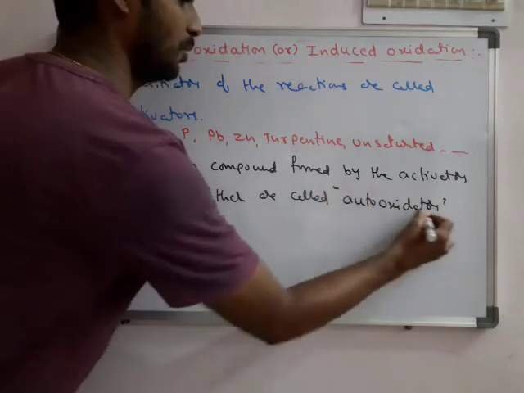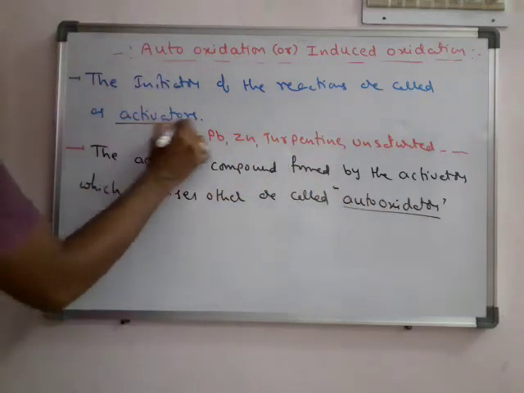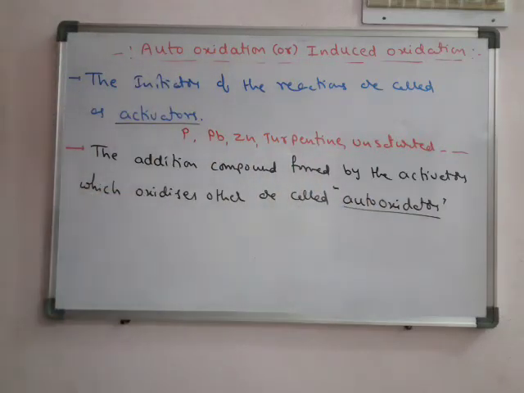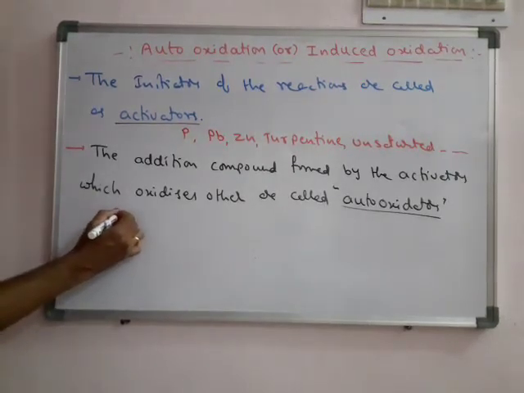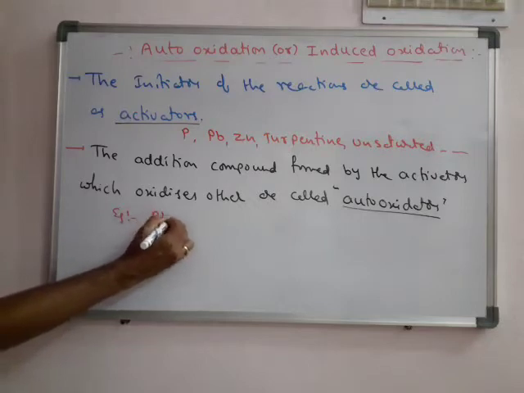They are known as autooxidators. Okay. So for example, when lead is involved in the process, then lead dioxide forms. So different reactions, so different compounds form.